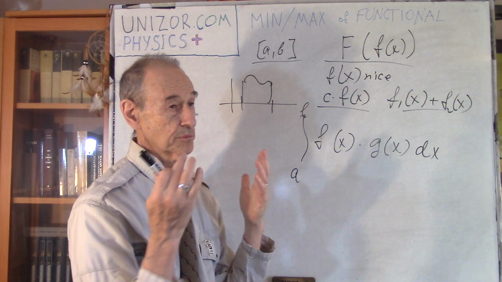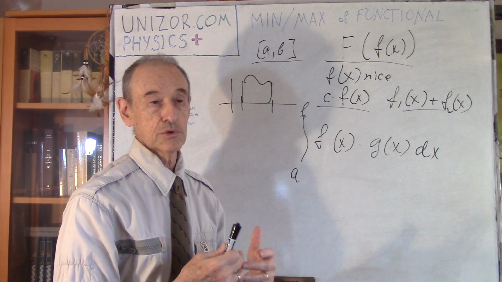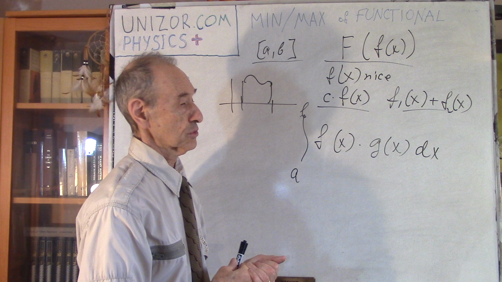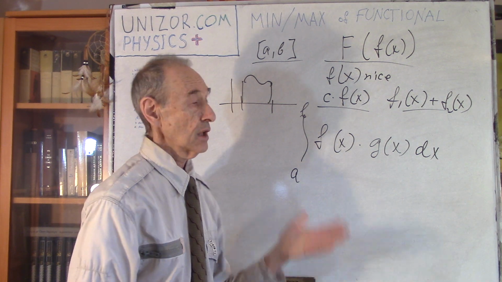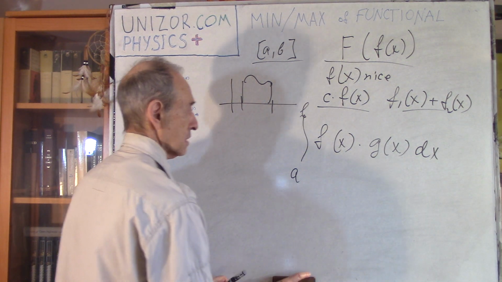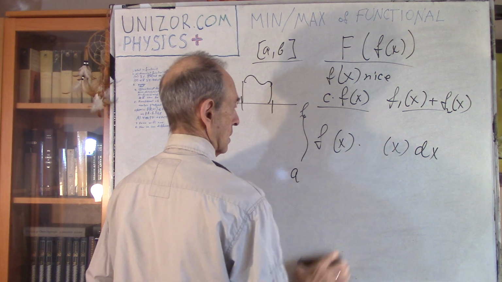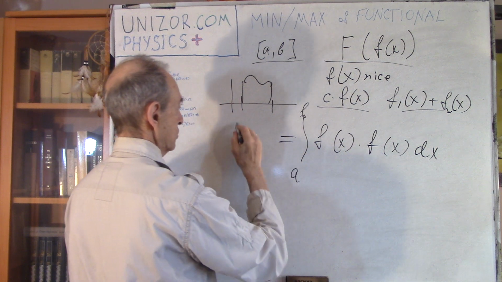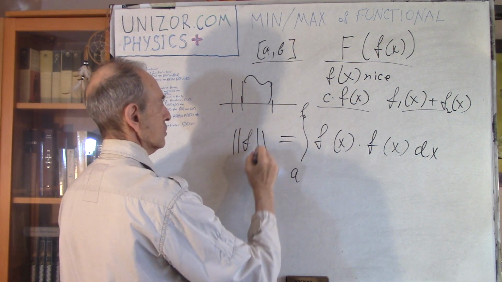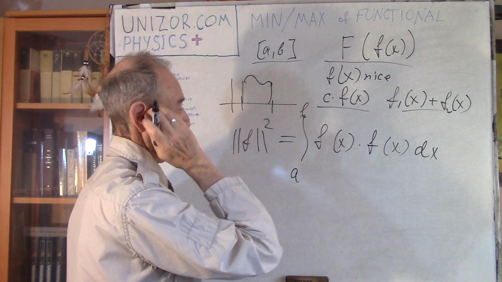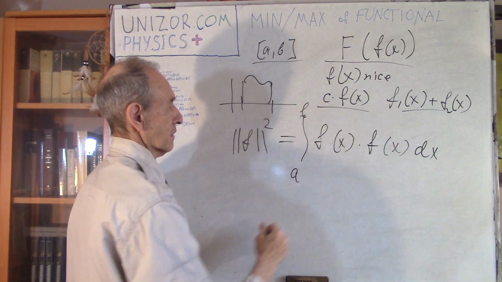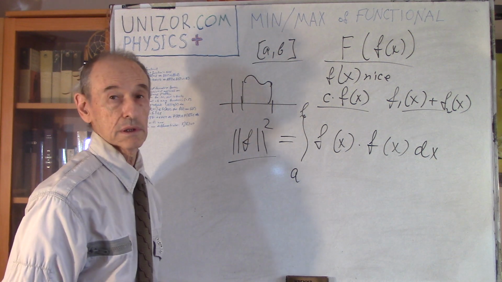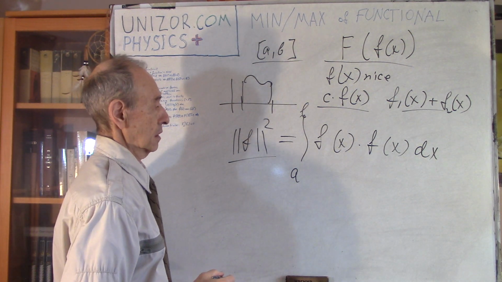And since it completely corresponds in all the properties to the scalar product of vectors, we can similarly define something like this to be a magnitude. Well, this is the square. I don't want to put the square root, so I'll just put the square here, of the magnitude of a function f.